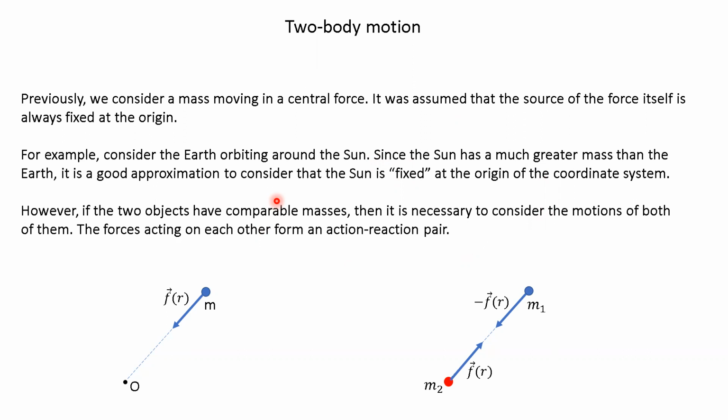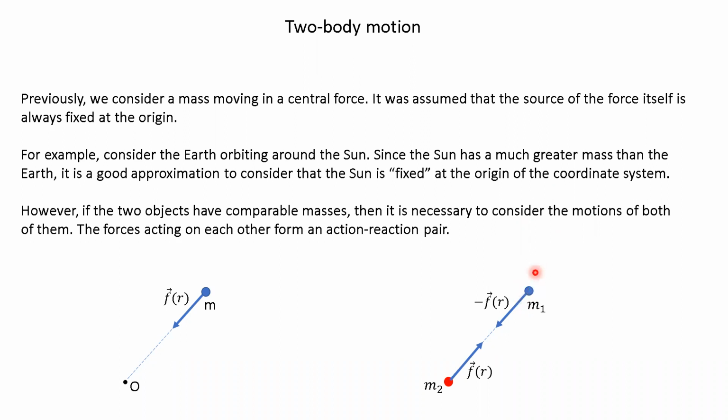However, now let's consider a more general case. Just imagine that you have two massive objects or two stars, which now have comparable masses. Again they are exerting this gravitational force on each other, but this time you cannot ignore the motion of any of them.